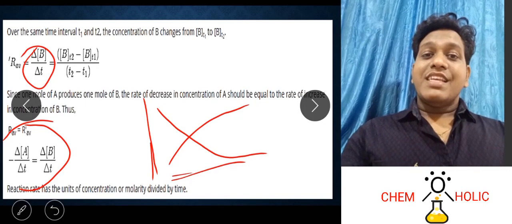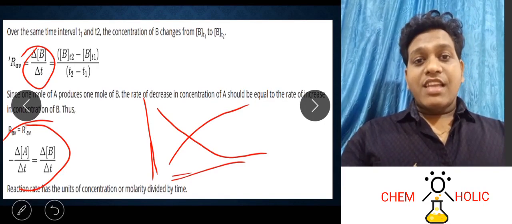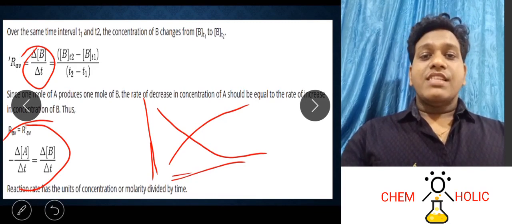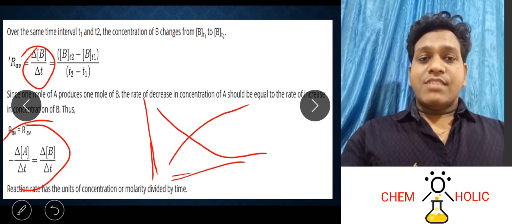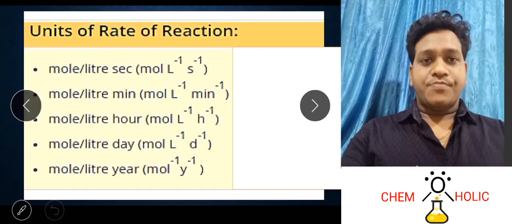So the rate of increase and decrease are the same; only the formation and the consumption differ, and the speed of formation will be the same. So that can be taken as an average rate.